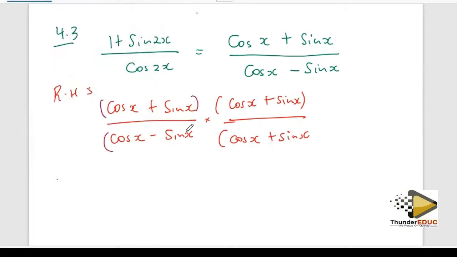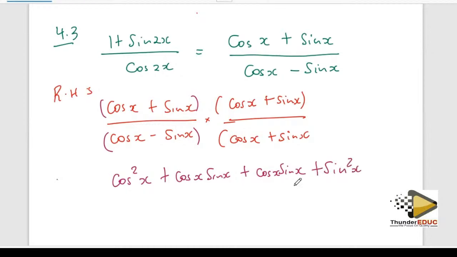Okay, so that is in brackets. When I open this up using FOIL, cos and cos gives me cos squared x. Cos and sine gives me cos x sine x, and then another cos x sine x, and then my sine squared x. At the bottom, one bracket is negative and one is positive, so it's a difference of two squares.